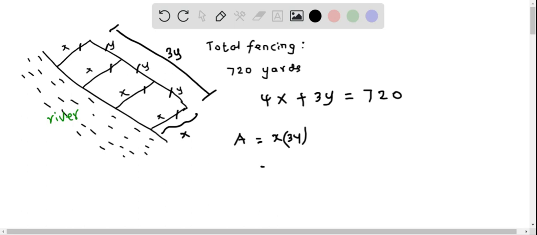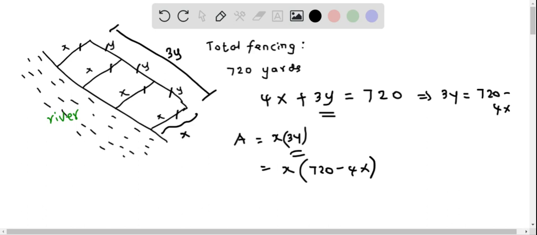Now I can replace 3y using the fencing equation. So this implies 3y equals 720 minus 4x, which I'm going to write down here. Therefore this becomes x times (720 minus 4x). Let's write this as a function of x.